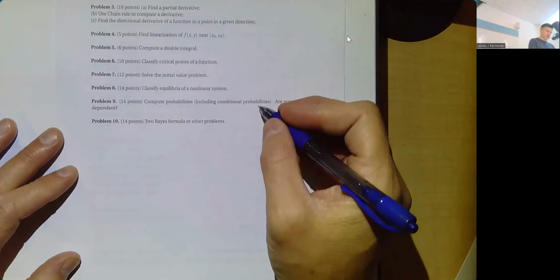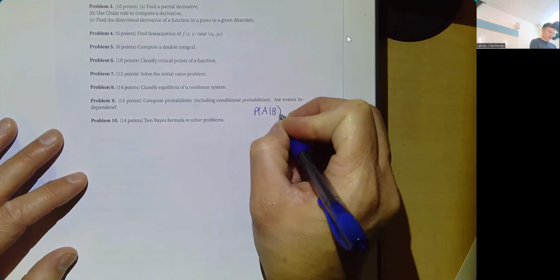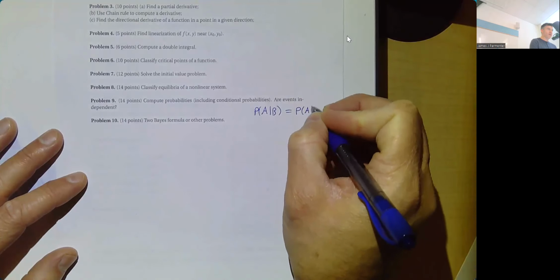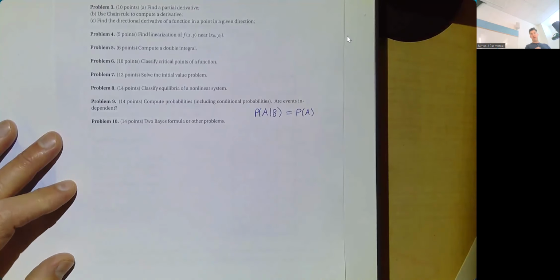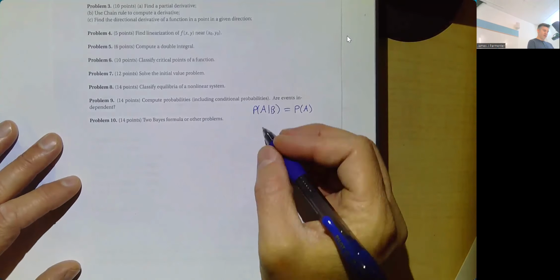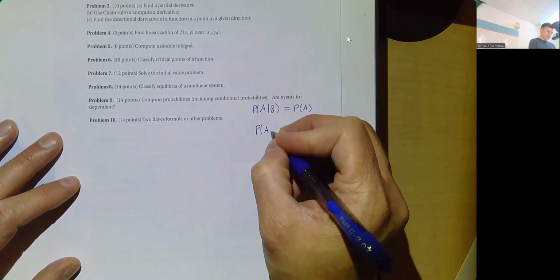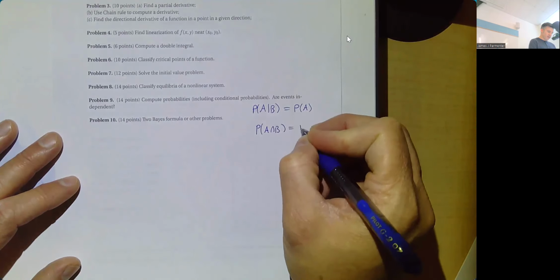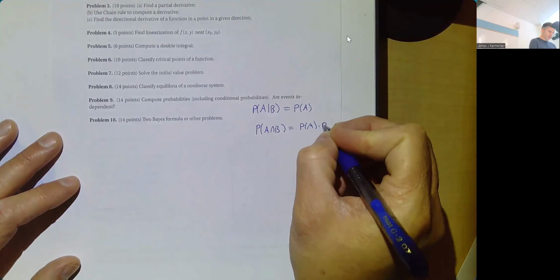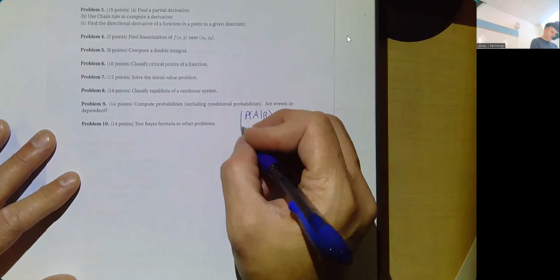Ooh, independence. So when you think about independence, you should think that the probability of A given B is equal to the probability of A. That's the way I like to think about it, because you're saying knowing that B happened doesn't change the probability that A happens. Now, another way of thinking about this is that the probability of A intersect B is equal to the probability of A times the probability of B. This is only true if they're independent.